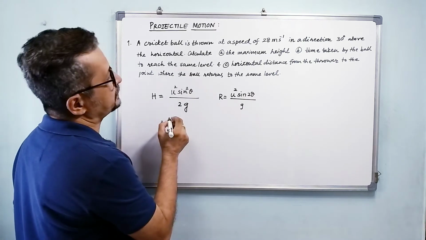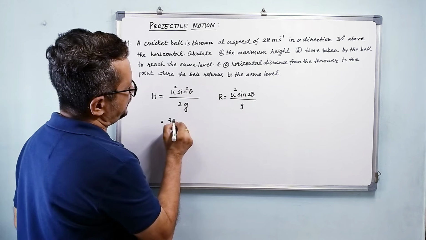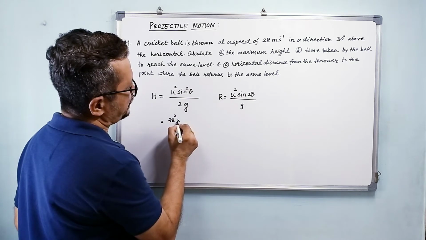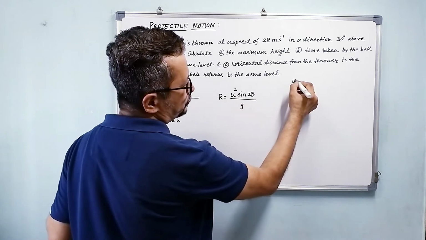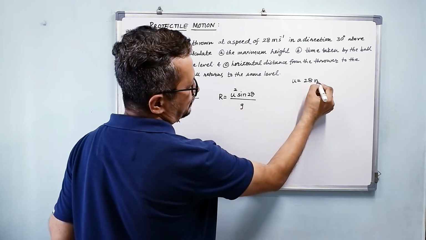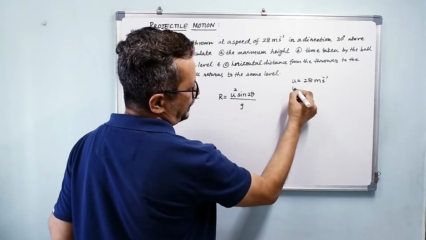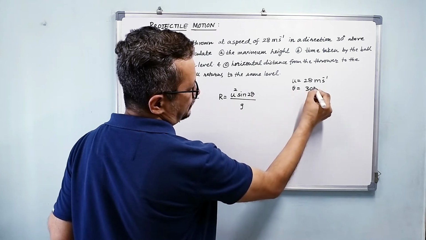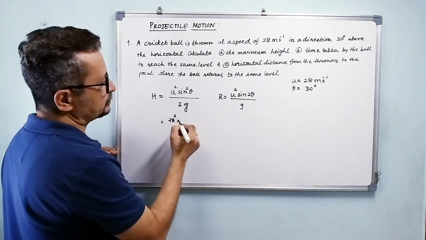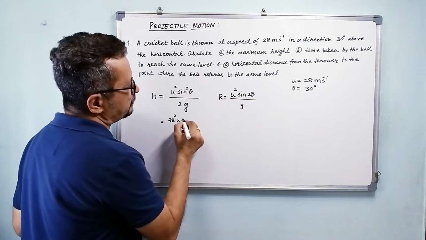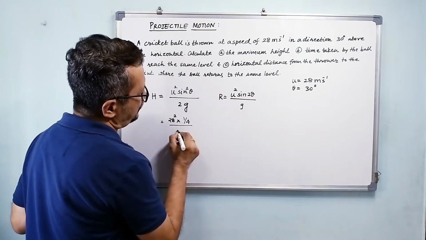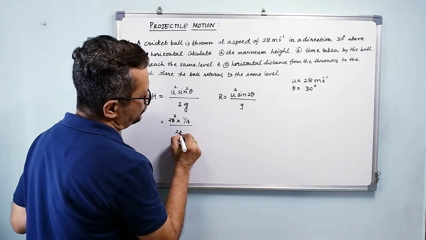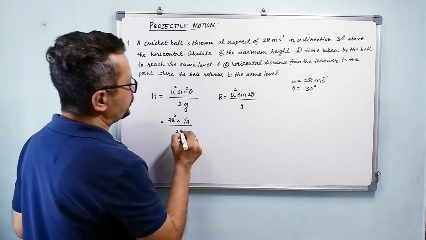Let's see what it is. It is 28 square multiplied by sine square theta. So u is equal to 28 meter per second, I am writing it here, and theta is 30 degree, and so sine square 30 would be 1 over 4 here, and divided by 2 into g, which is 9.81.